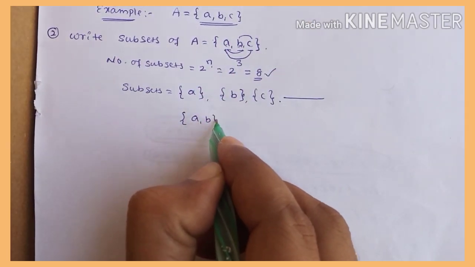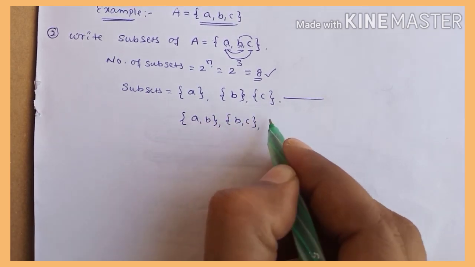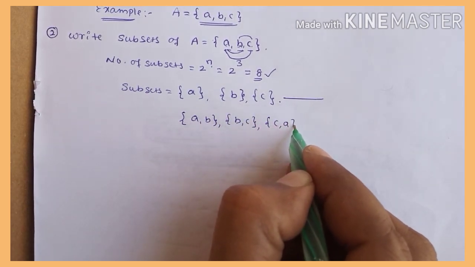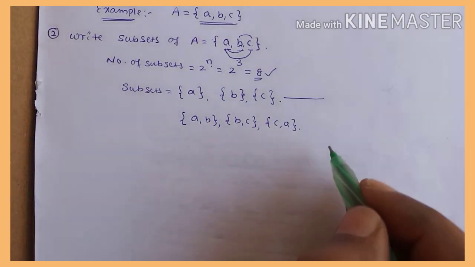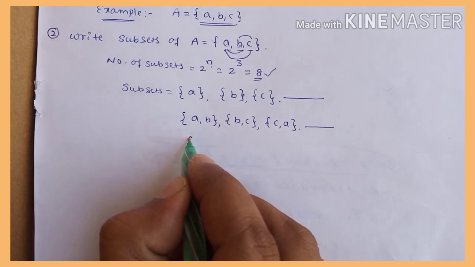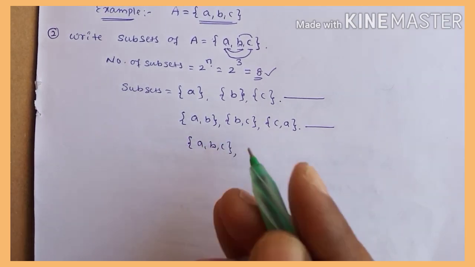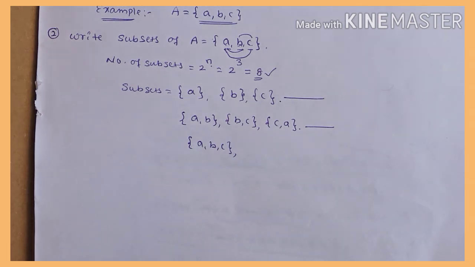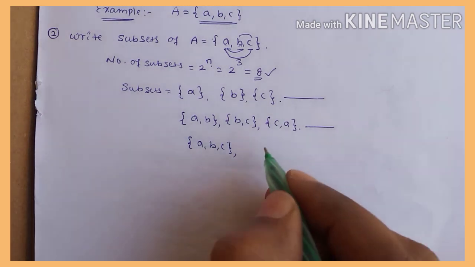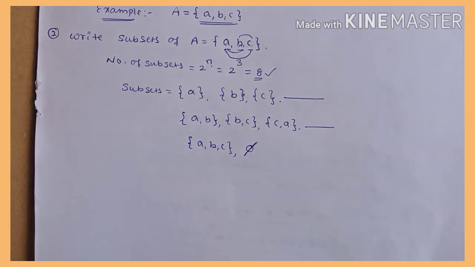First one is {a, b}, start with b: {b, c}, now start with c: {c, a}. These are the 2 element subsets. Now the 3 element subset is {a, b, c}, which has all 3 elements, that is only one set. And finally the empty set is a subset of every set.